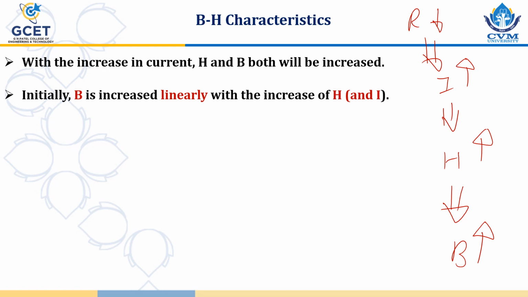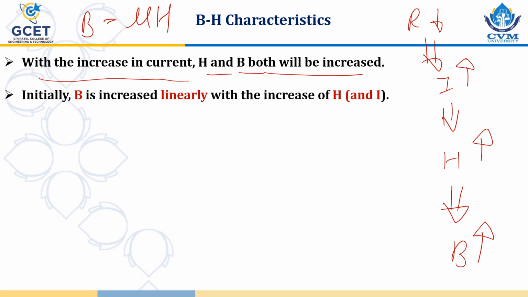With the reduction of resistance, current is increased. With the rise of current, H is increased because H is equal to NI upon L. And when H is increased, B will be increased because B is equal to mu H. So with the increase in current, H and B both will be increased.